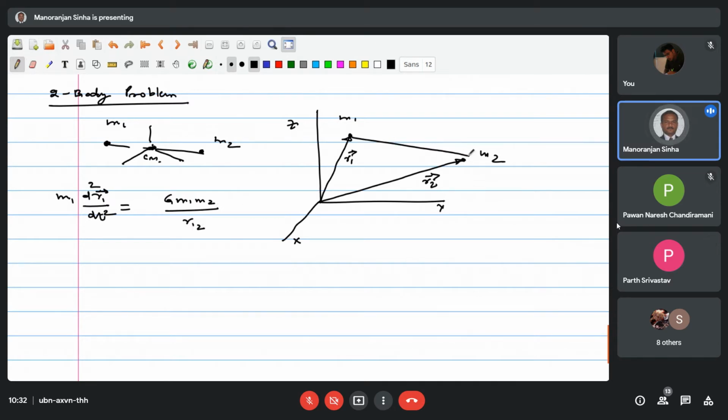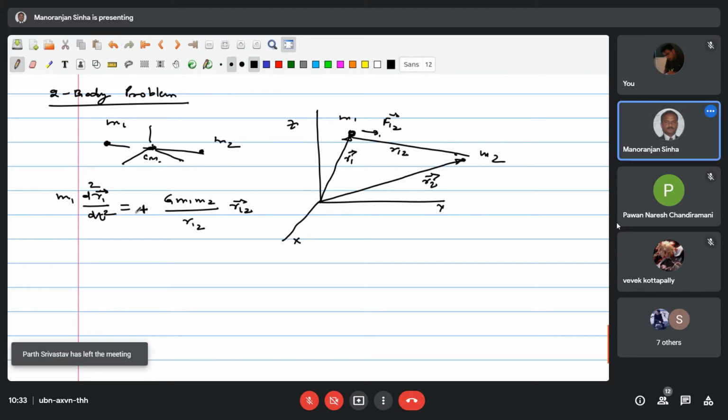R12 is the distance between these two particles, R12. Now on this particle, force will be acting here in this direction, F12. So depending on the vector that we write, here it will appear as plus sign. This is central force motion.